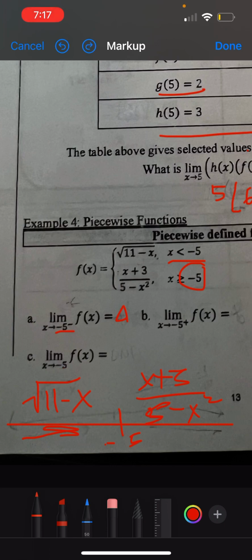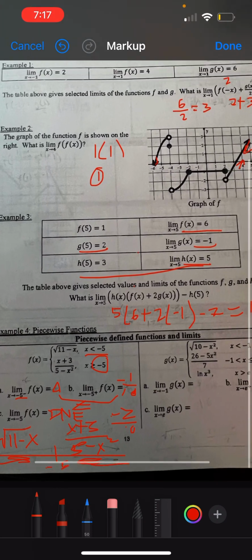So from the right, it's talking about this side, so we just plug in negative 5, which is negative 2 over 10, which is negative 1 over 10, right? So because these two values do not equal each other, this C does not exist, right?